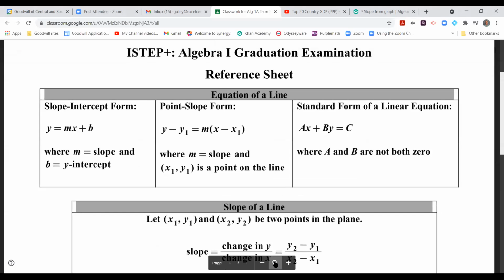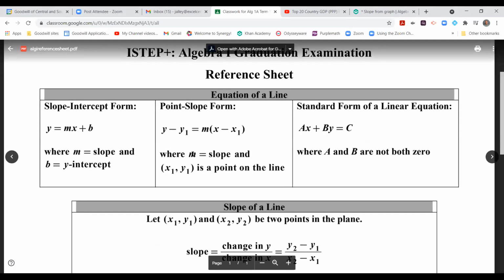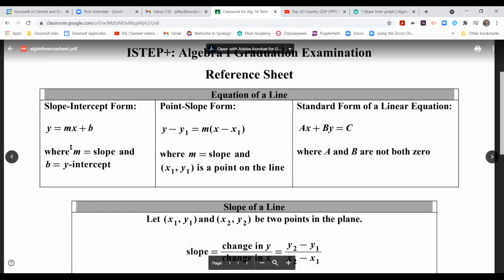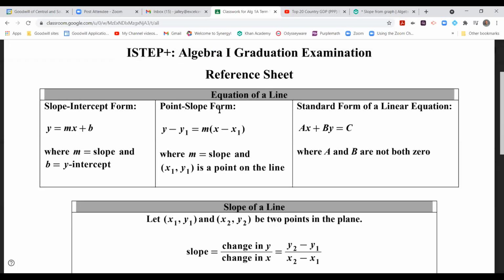Point slope form is a little different. And you got to pay attention to what some of the symbols mean in here. It says m is the slope. Well, m is the slope in slope intercept also, so that's good. Both of these first two forms, slope intercept and point slope, both have the slope in them. We like that. We want that.